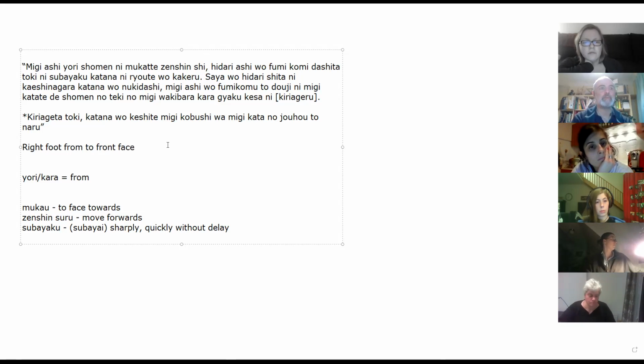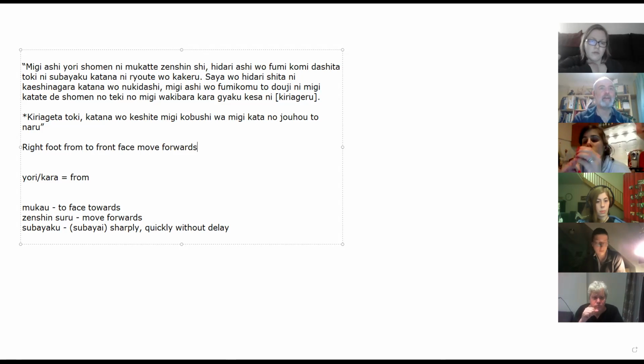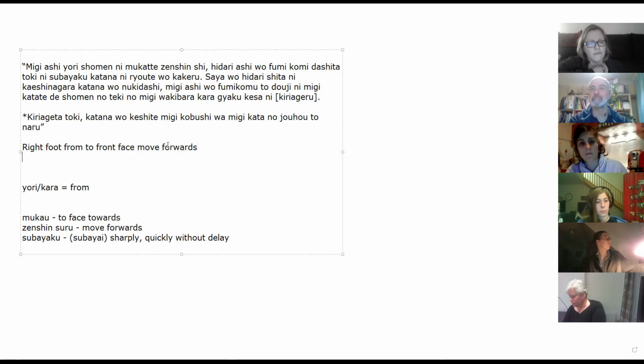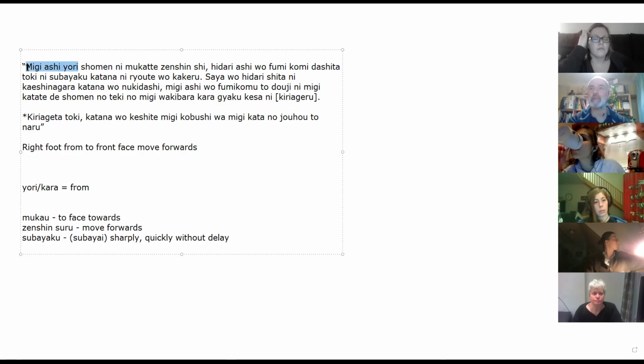So this would mean front face, move forwards. Yes, exactly. So should we rearrange this sentence in English, making the sentence logical? Right. This also, I should say, Roger, this yori is fixed to migi ashi. Migi ashi. Yeah.